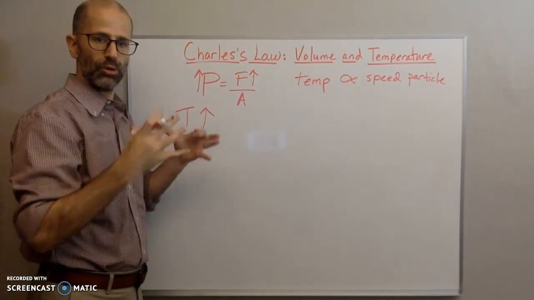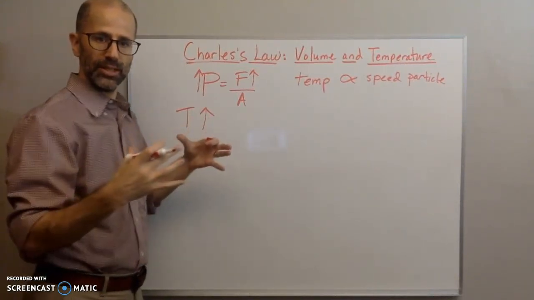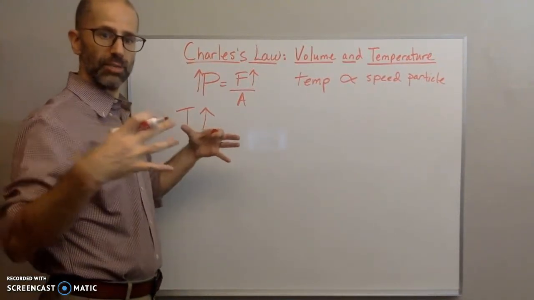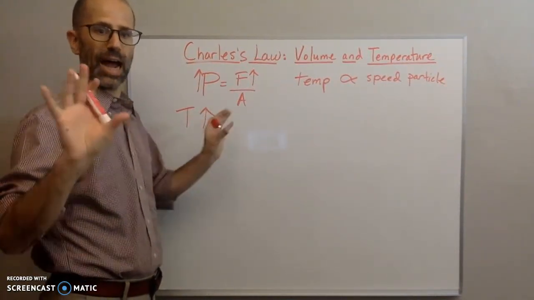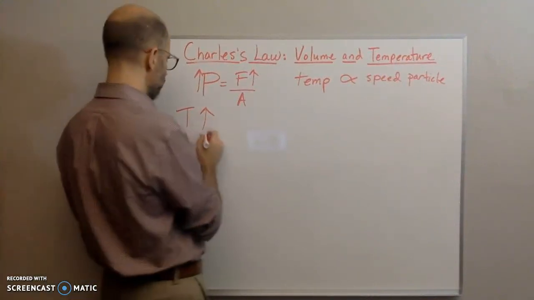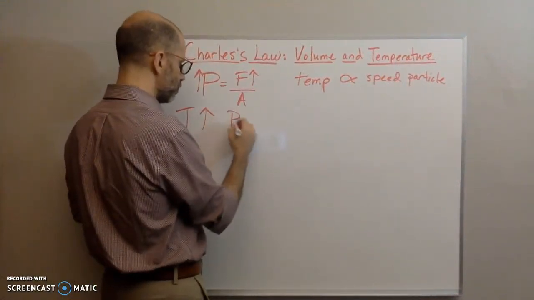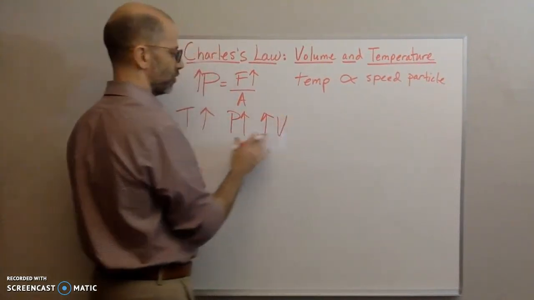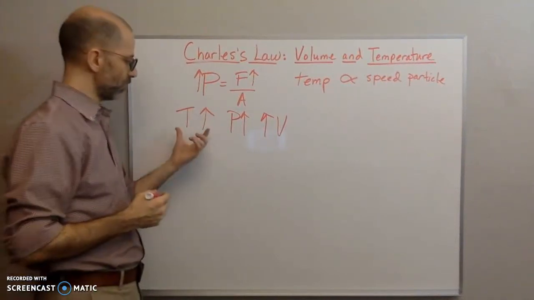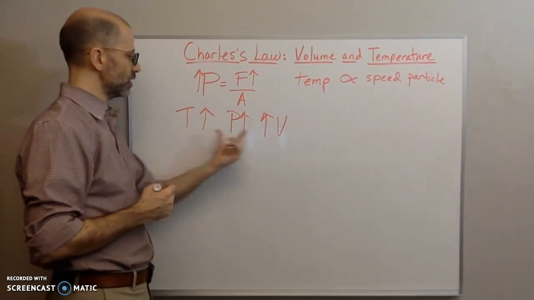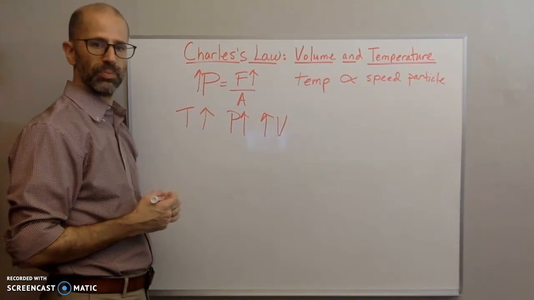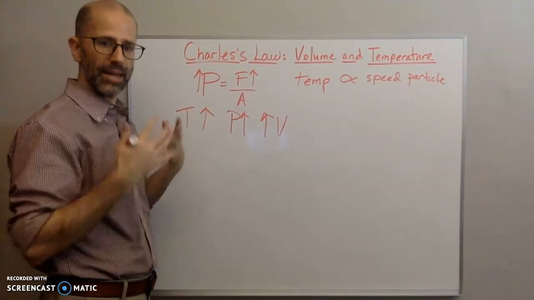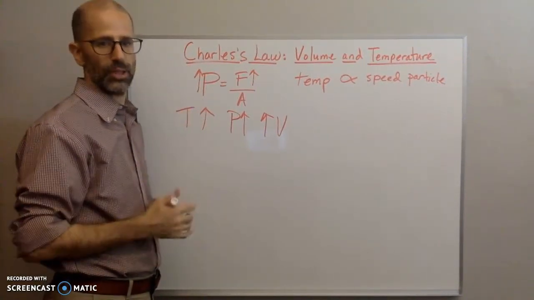So if the pressure goes up and you have a flexible container, what's going to happen to the volume of the container? It's going to increase because the pressure is pushing out more. So if temperature goes up, then pressure goes up, and therefore volume increases. Here you have a direct relationship between temperature and volume, and we can understand that from what's going on at the particle level, at the molecular level.